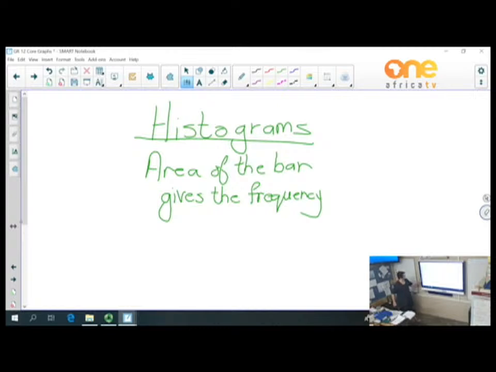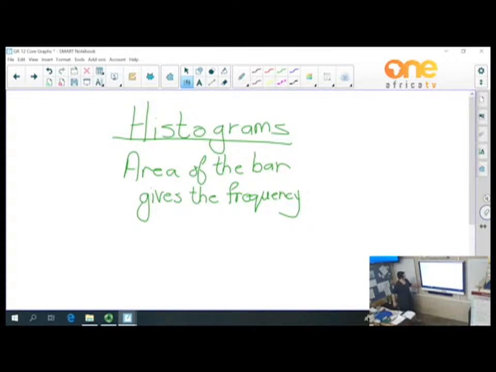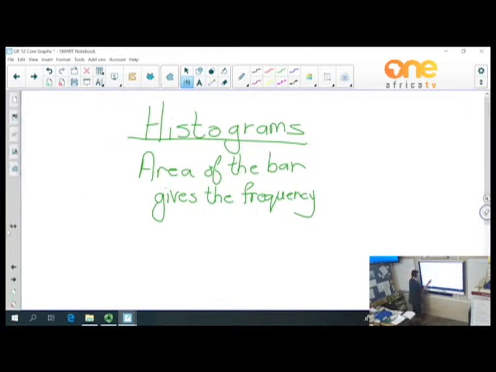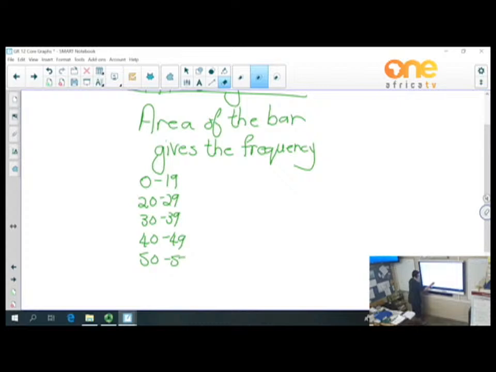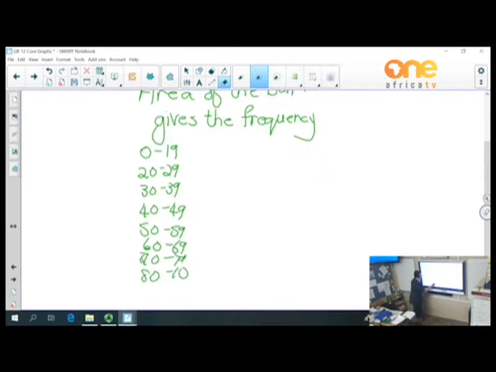Now, you don't need to write this down. If I go back to the results of grade 10, which we did the other day, the first group is 0 to 19, 20 to 29, 30 to 39, 40 to 49, 50 to 59, 60 to 69, 70 to 79, 80 to 100.